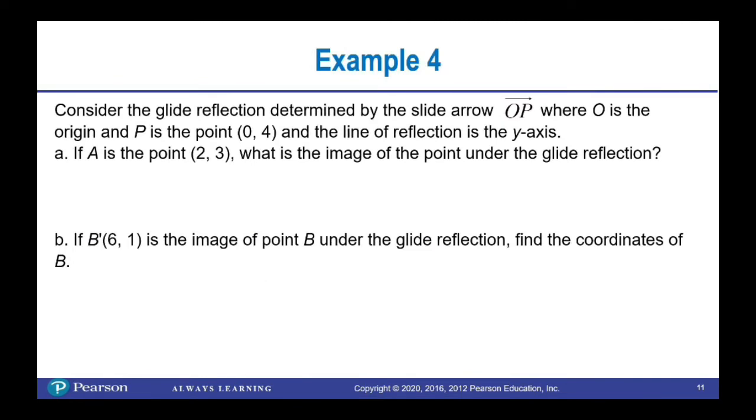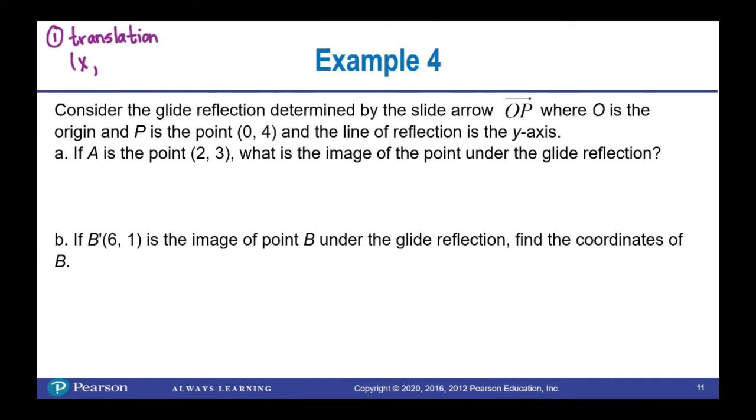Look at example 4. We have a glide reflection determined by the slide arrow OP, where O is our origin and P is the point 0, 4, and we are reflecting across the y-axis. So first, let's think about the translation, and then we'll think about the reflection. With my translation, I'm moving from 0, 0 to 0, 4.